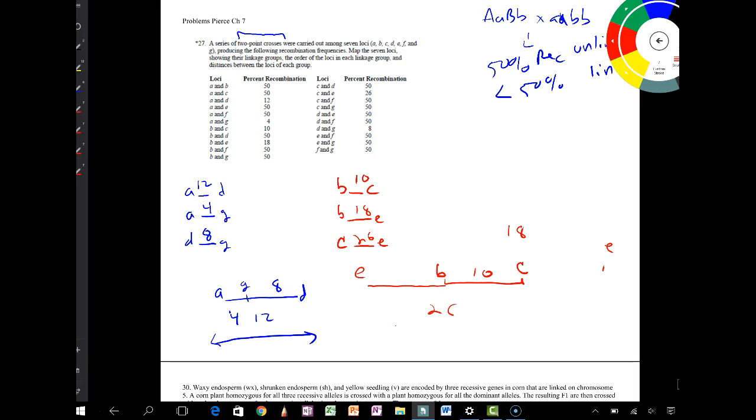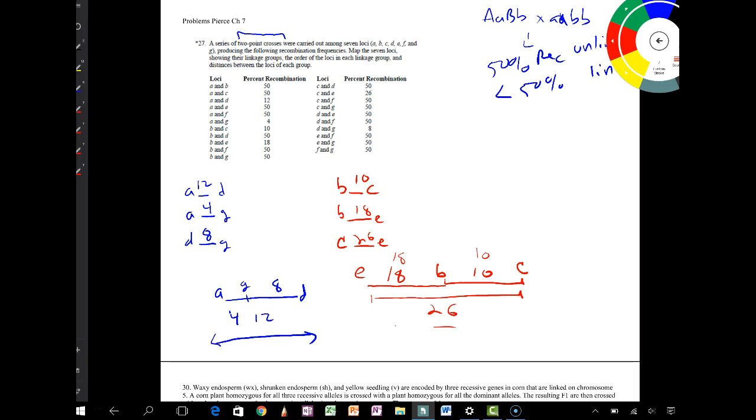So C and E are 26, that's this big long distance, and B and E are 18. Those are consistent numbers: 10 and 18 are 28, and this distance is 26.